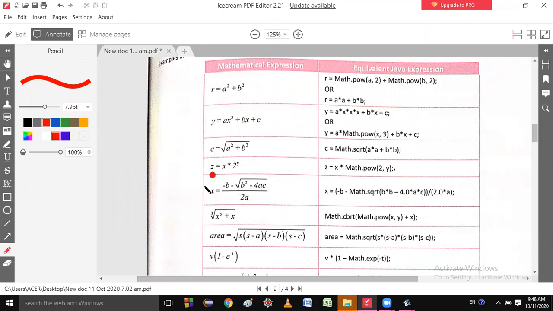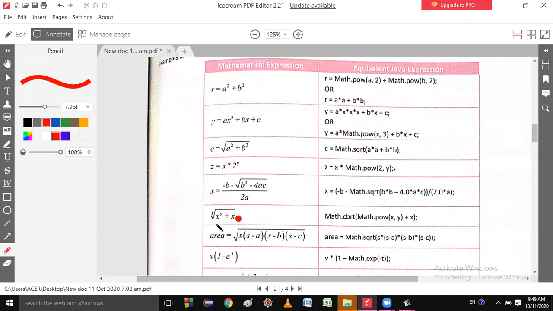But it is given only the second root, minus b minus. So how will you do this? Minus b minus Math dot sqrt, Math dot sqrt b multiply b minus 4 multiply a multiply c, divide the whole by 2 multiply a.